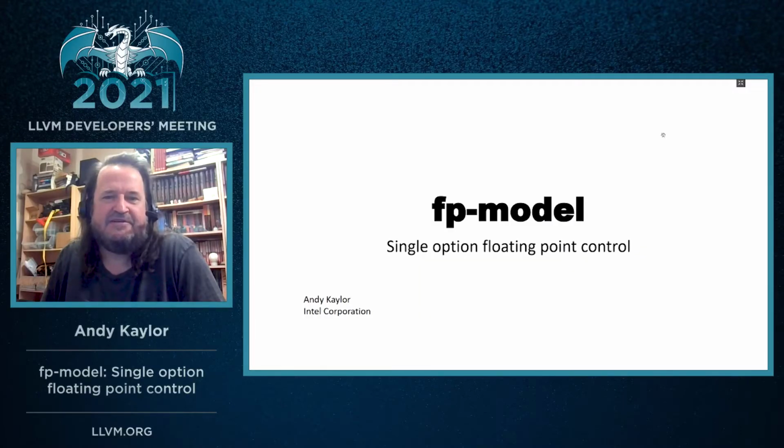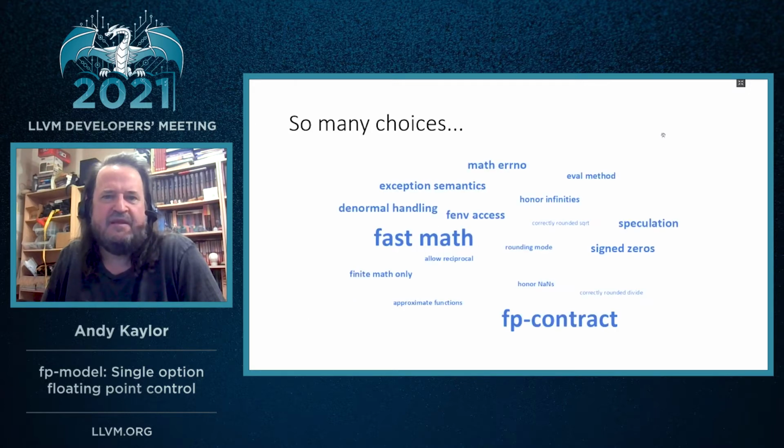I'm a compiler engineer at Intel, and I'd like to talk to you today about the FP model command line option for floating point control. As you may know, there are a lot of settings that the compiler uses to control its behavior with regard to floating point optimizations. The most familiar ones are probably fastmath and FP contract.